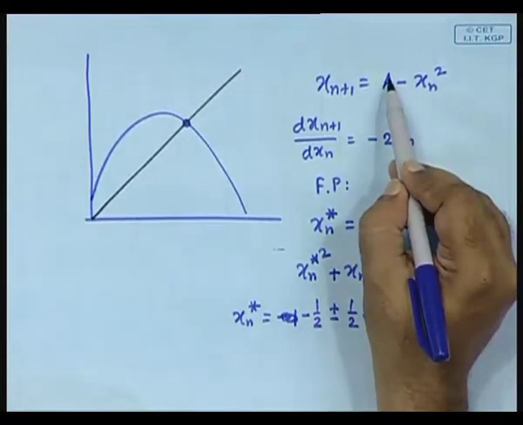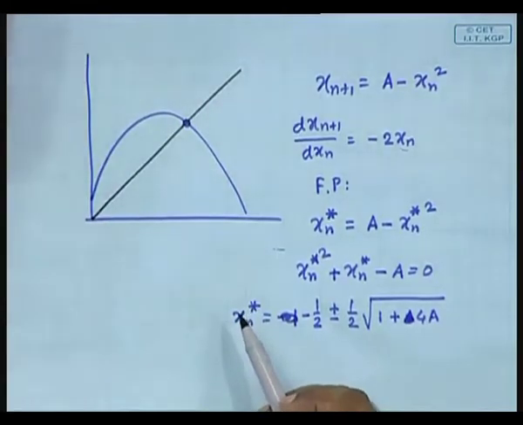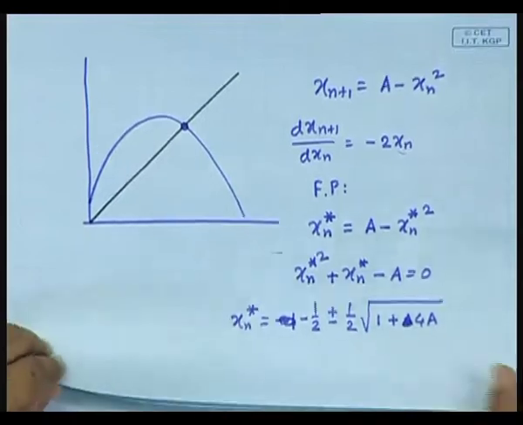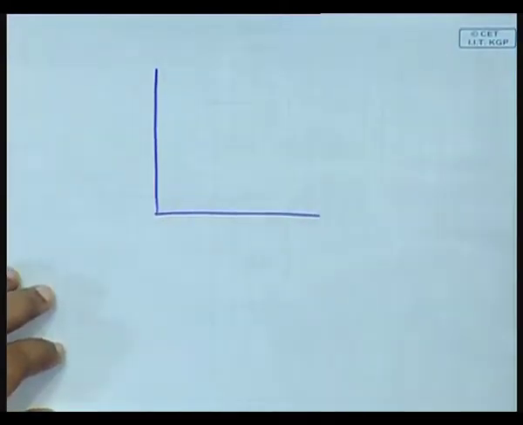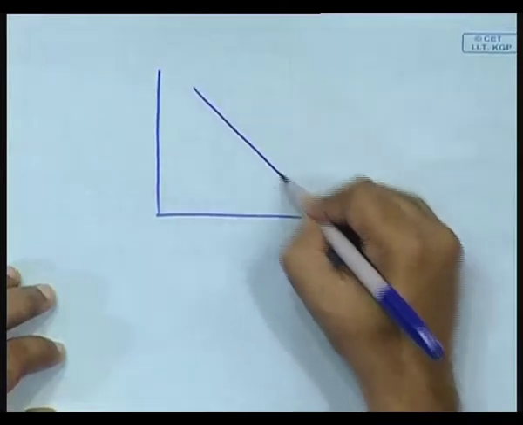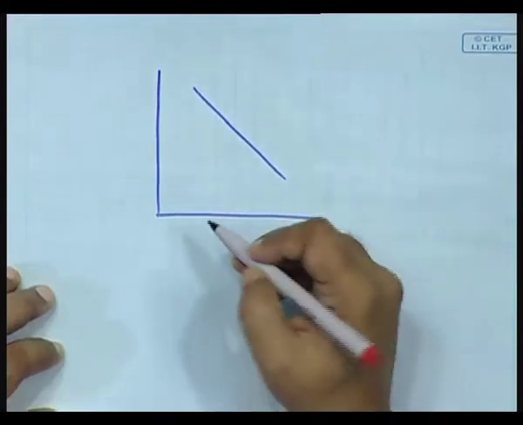Got it? So, this is a parameter. At a specific value of the parameter, the slope becomes exactly minus 1, and we know that when it becomes minus 1, it will become unstable. Exactly what happens when it becomes minus 1? Let's check out. If you have the slope of the graph like this, slightly less than minus 1, I am doing.